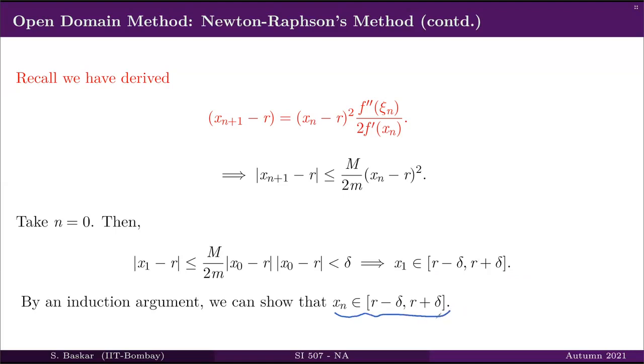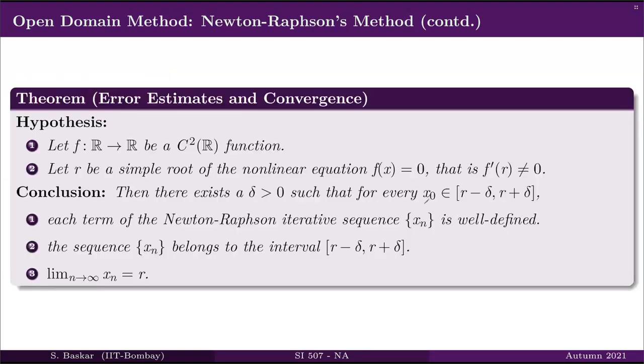In fact, this proves one of our conclusions, that whenever we choose our x0 in the delta neighborhood, then the sequence xn will be contained in that delta neighborhood. It means each xn will belong to that delta neighborhood, and conclusion 1 can also be obtained very easily from here.